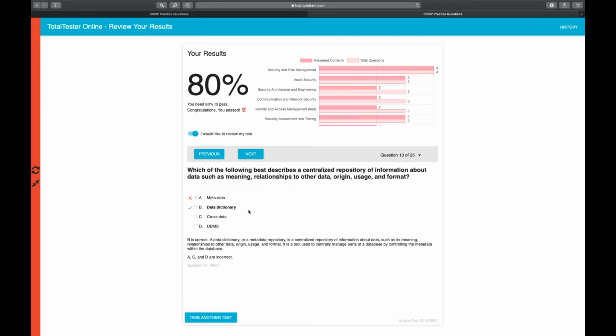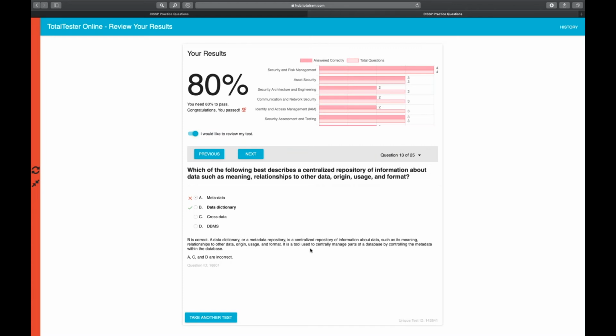No way. A data directory or a metadata repository is a centralized repository of information about data. So I don't understand. Well, I've never heard of a data dictionary. A data dictionary is the same as a metadata repository, with relationships to other data origin.